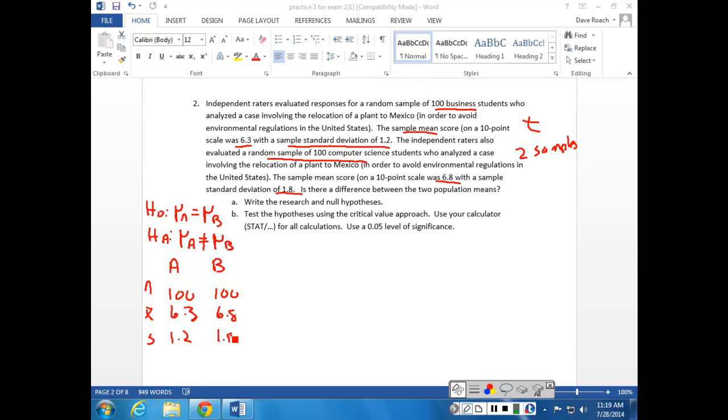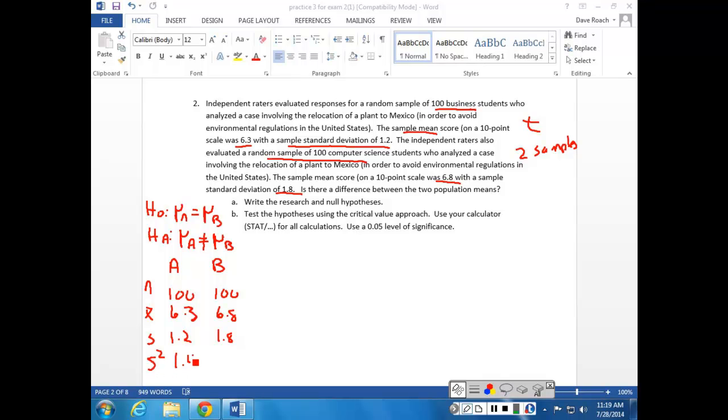When you do the 2-sample t-test, the first thing you need to know is, should we pool or not? Should we pool the variances? If the variances are close together, then we'll pool them together as if we just have one variance. That actually gives us a slightly better estimate, but more importantly, it changes the degrees of freedom when you look up things in the t-table. So I'll have to square these.